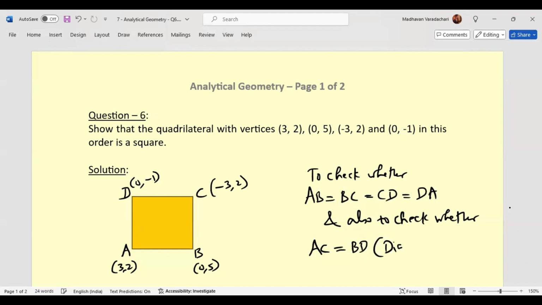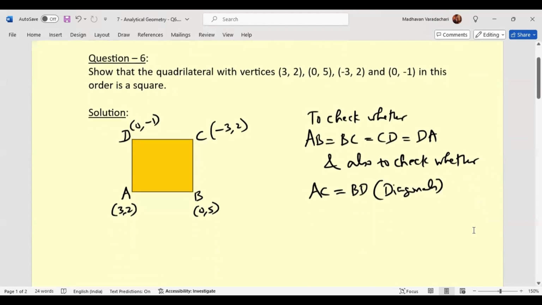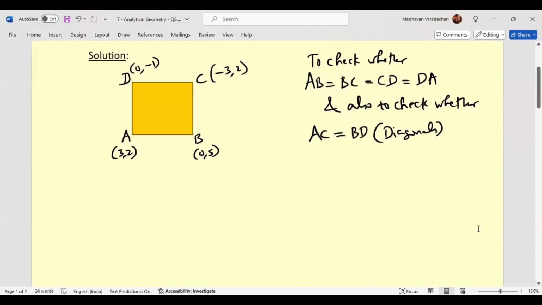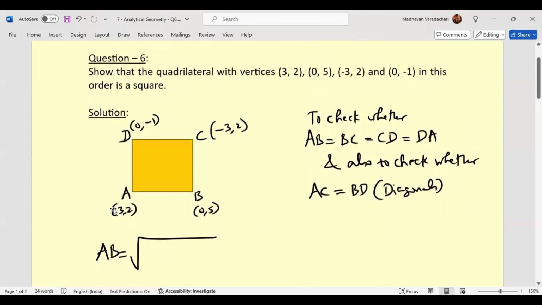These are diagonals, whether the diagonals are same or not. If this as well as this is proved, then we can say that this quadrilateral is a square. So first let us find out what is AB.